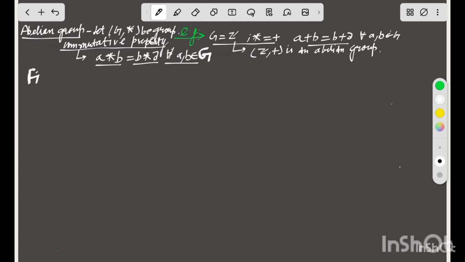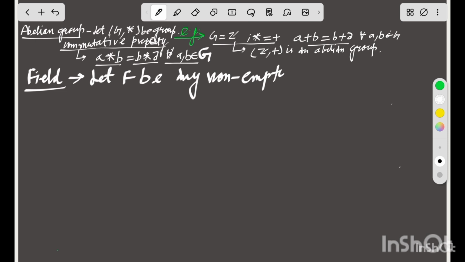Next is the field. A field is also a set. Let F be any non-empty set. Here we deal with two binary operations, which are given the notation addition and multiplication. These are just notation.